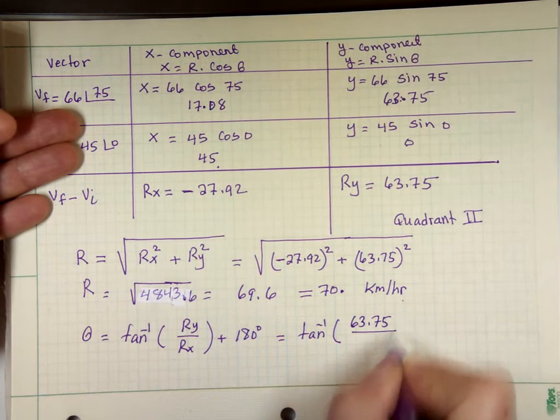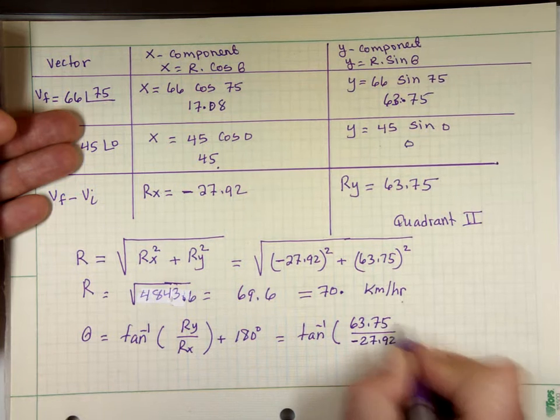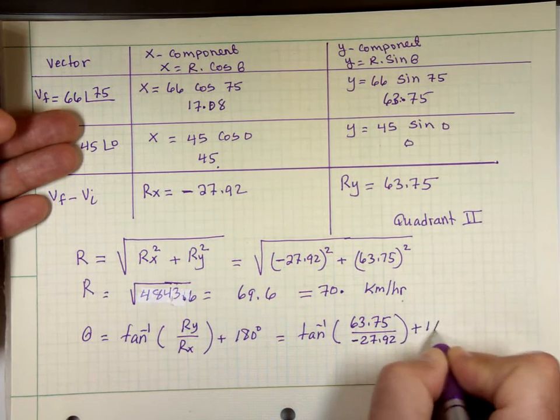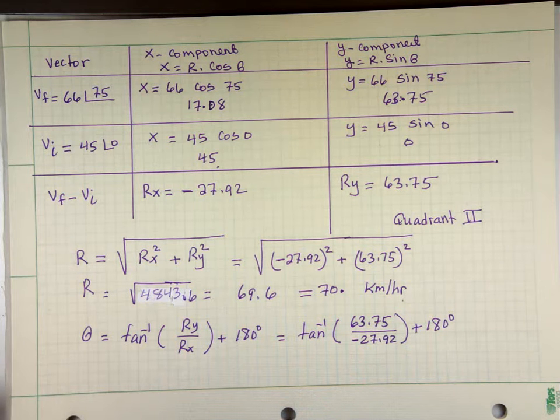What's X? Negative 27.92. And add 180 degrees to it. So inverse tangent, 63.75 divided by negative 27.92.